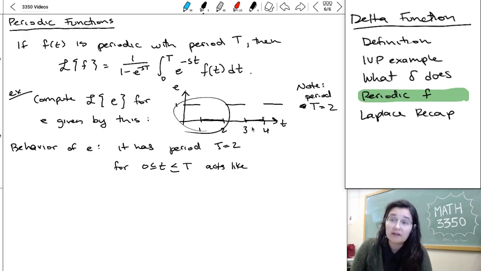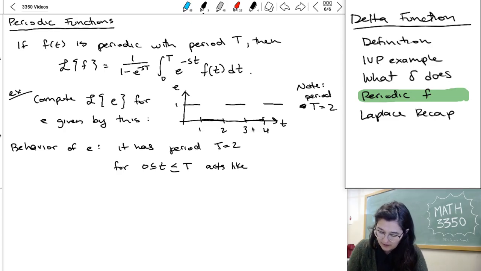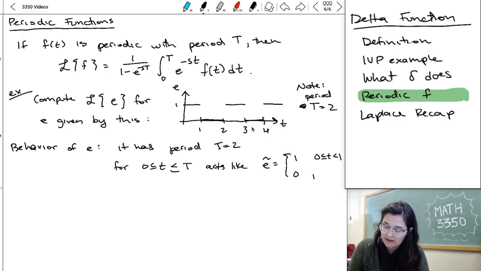One of these little snapshots of it, or copies of the periodic part, I'm going to denote by E tilde, and all it does is it starts at 1 and it goes to 0. And it's 1 from 0 until 1, and then it's 0 after 1 until 2.